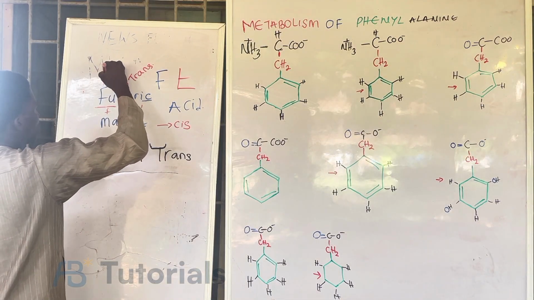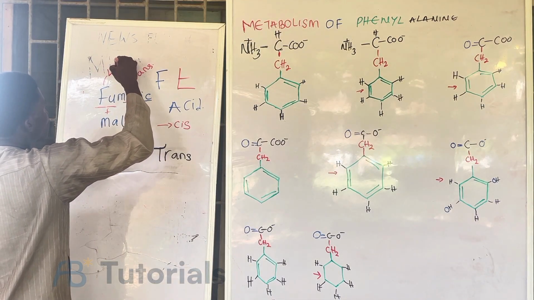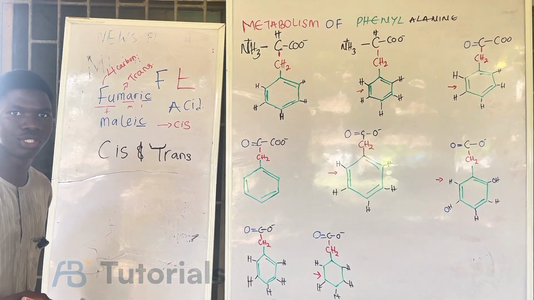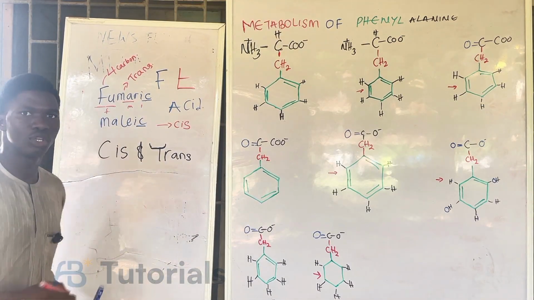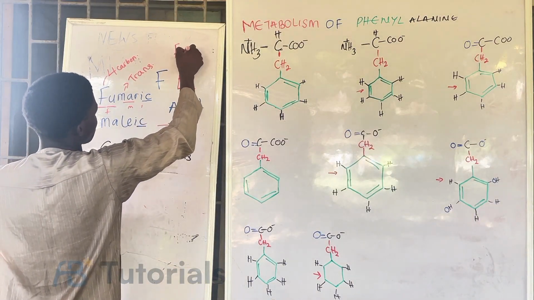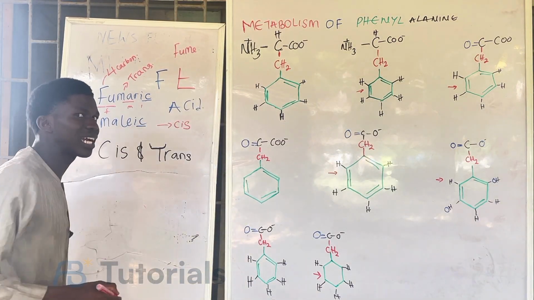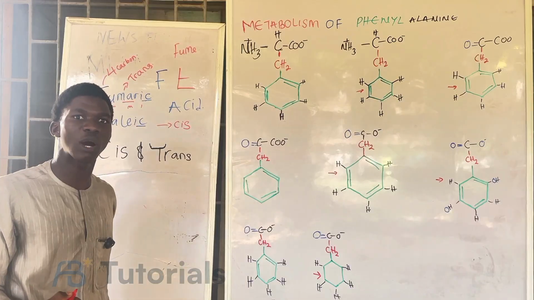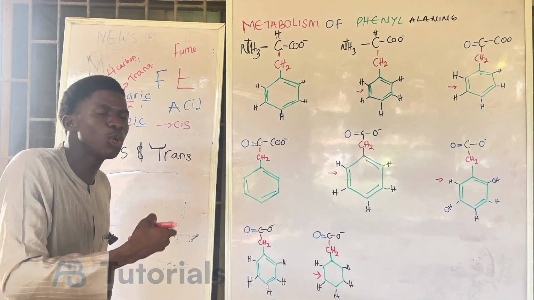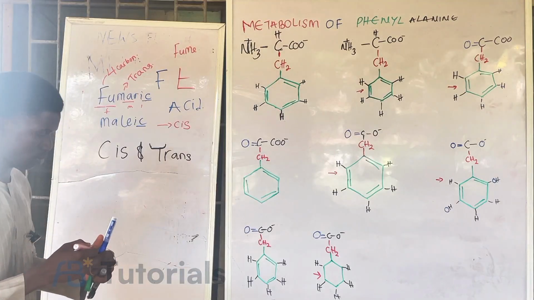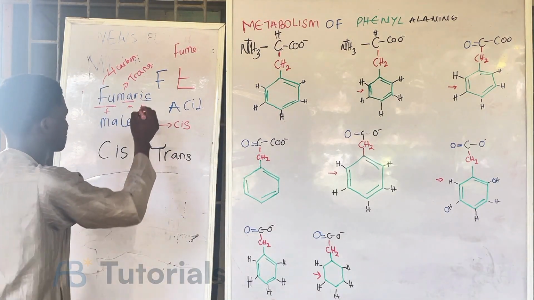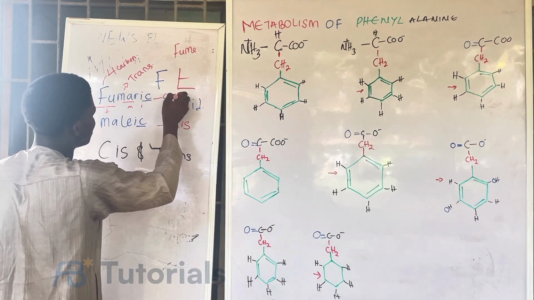This "fum" we can also take as fume, meaning that they can cause fume. That is to tell you that they have a double bond. Do you understand? "ic" is telling you that they are acidic.